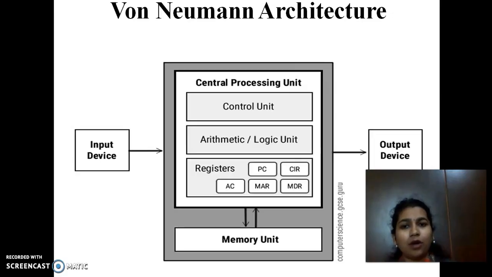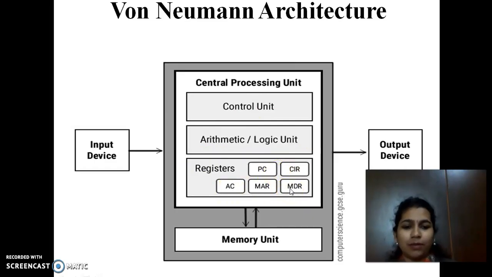Now let us see the von Neumann architecture. This is a block diagram of the von Neumann architecture. Here you can see the input device, the central processing unit, the memory unit, and the fourth one is the output device. So basically we have 4 parts. The central processing unit is further divided into 3 parts: the control unit, the arithmetic logic unit, and the registers. The registers are PC, CIR, AC, MAR, and MDR.